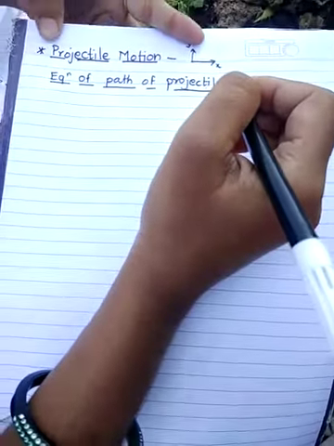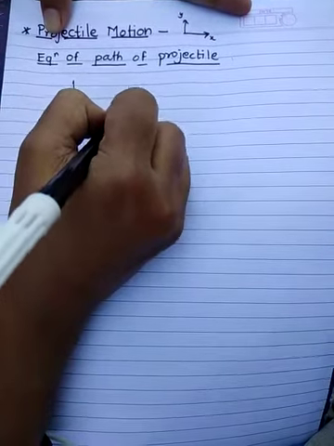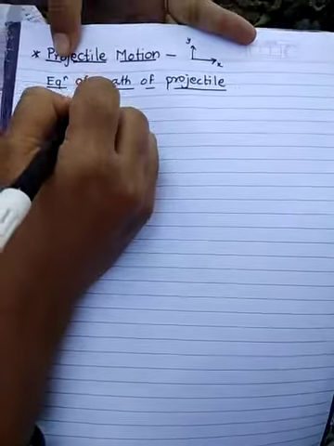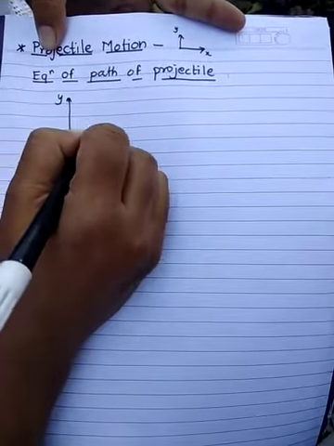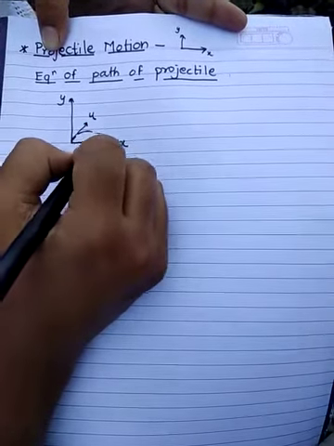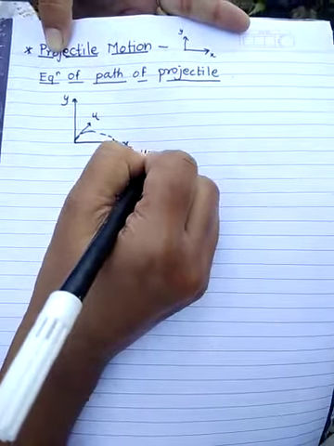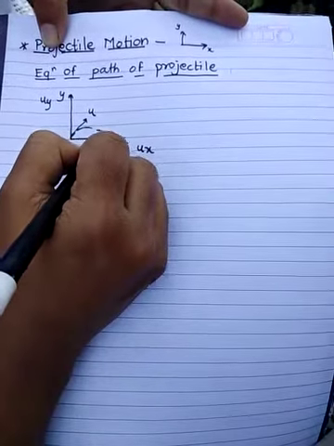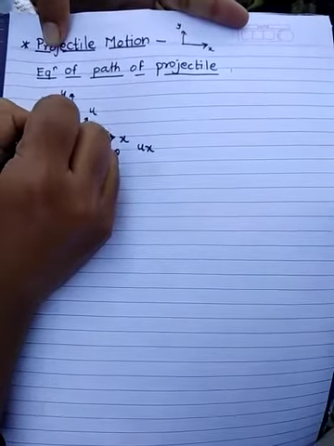For this we have to consider the figure, try to understand the figure. Here we have taken the vertical and horizontal components. The vertical component is along the y-axis and the horizontal component is along the x-axis. So your path is like that. The initial velocity is u, which we have resolved into ux and uy, where ux is u cos theta and uy is u sin theta.